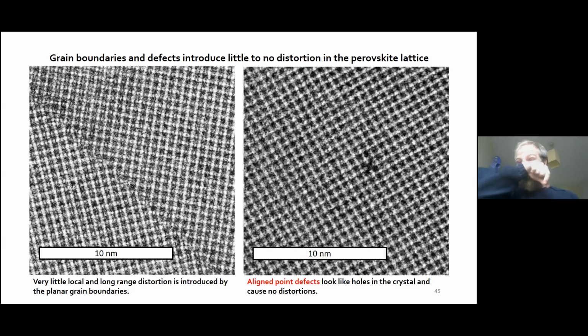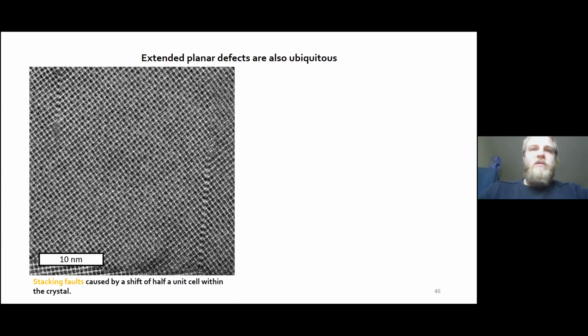Again, we have more different types of aligned point defects. It looks like a little hole, and we see no distortions around it, which is really weird. Basically a perfect square. We can also see stacking faults, where we have a shift of half a unit cell. You're coming up one crystal direction, you shift half a unit cell, and then you keep going upwards the other way.